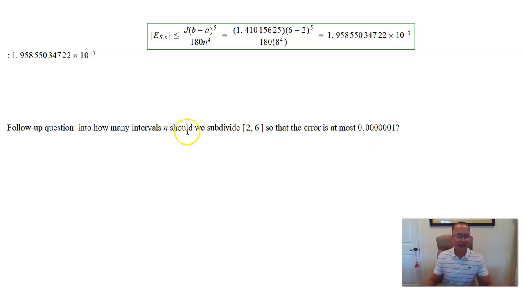And let's see if Simpson's will do much better. It would be nice if it were under 1,000. Let's see. So here is the formula for the error. And again, to make the error at most 0.001, you make this less than or equal to this tiny amount.